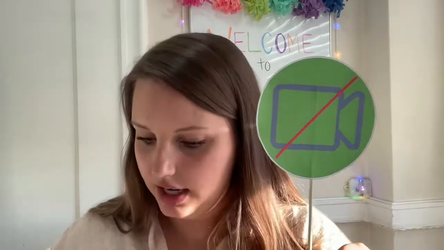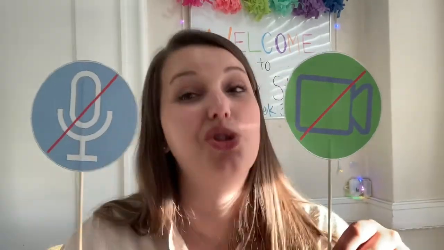Video off looks like this, kind of like muted or turning the volume off. We see that red line across the middle. When we press video off, our screen goes blank and we cannot see you anymore. It just says your name across the middle and it's a dark screen.